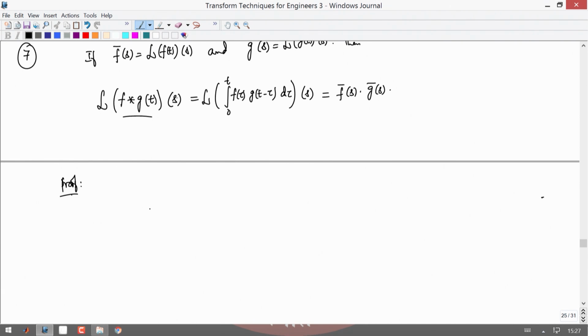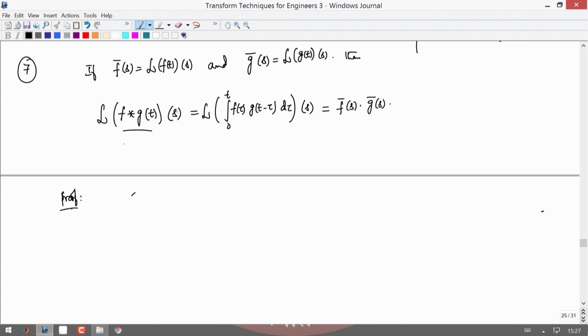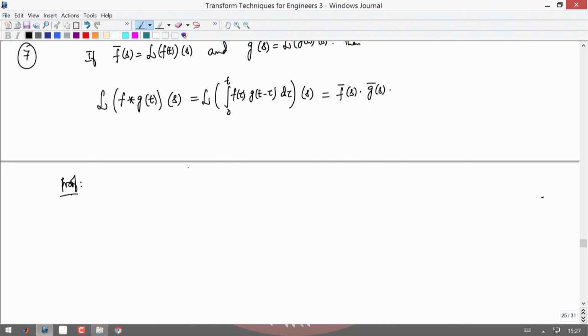You take the Laplace inversion on both sides. Assume that f and g are in the class of continuous functions of exponential order, for which the Laplace transform exists and is unique, so its inversion exists.